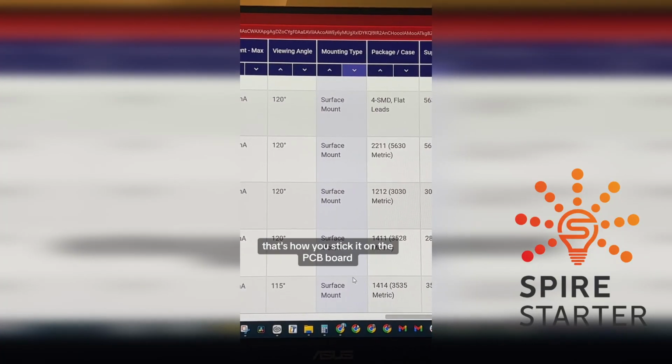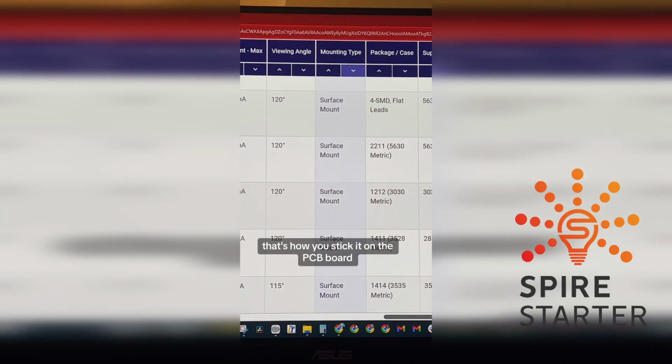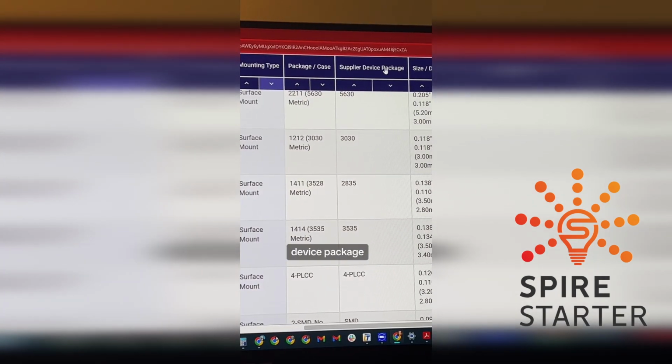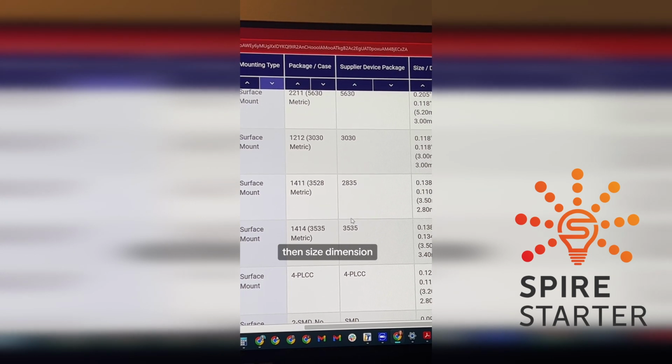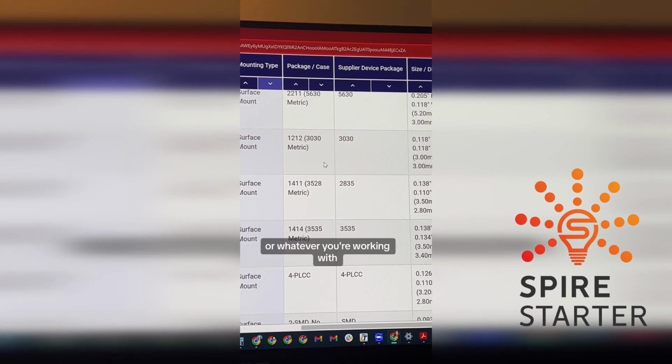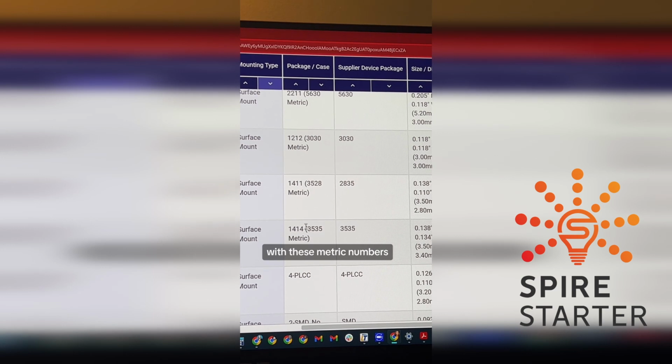Next up is mounting type. That's how you stick it on the PCB board. And then next you see package case and supplier device package, then size dimension. These are all about the physical size of your LED or COB or CSP or whatever you're working with. And if you notice with these metric numbers, let's take this 3030 metric, and then the supplier device package, that's 3030.